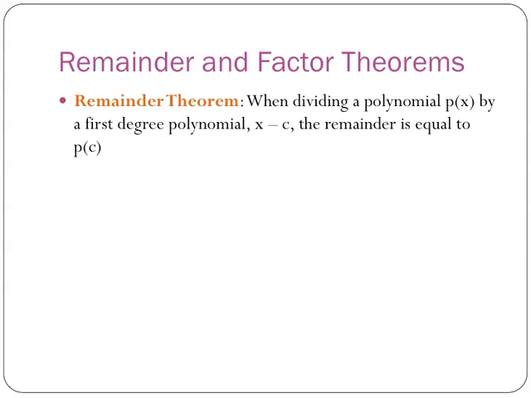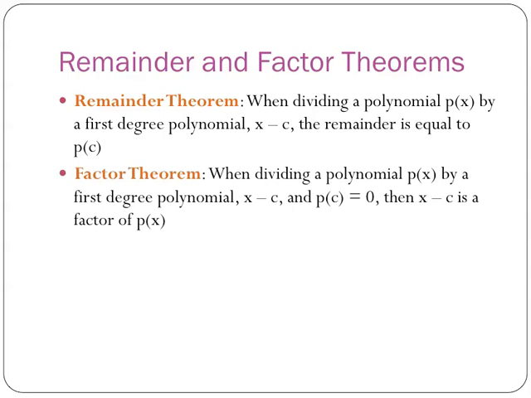Now the factor theorem is related to the remainder theorem. This says that when dividing a polynomial, p of x, by a first degree polynomial, x minus c, so same case, and when you do that and you get p of c is equal to 0, then you know that x minus c is a factor of p of x.